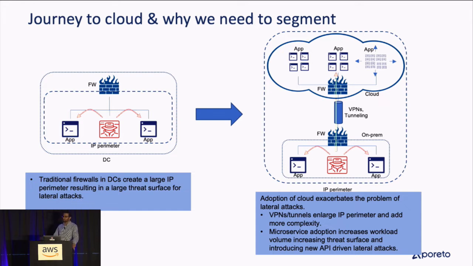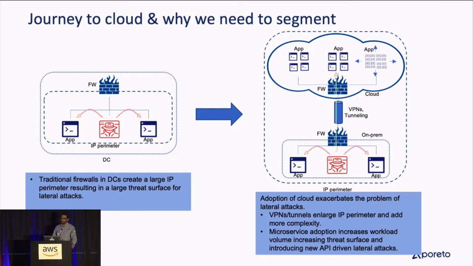With microservices, you no longer have monolithic applications, but an application that's highly distributed. A single-component application may become n number of components. You've got multiple containers on a host, and so the threat surface is pretty big.